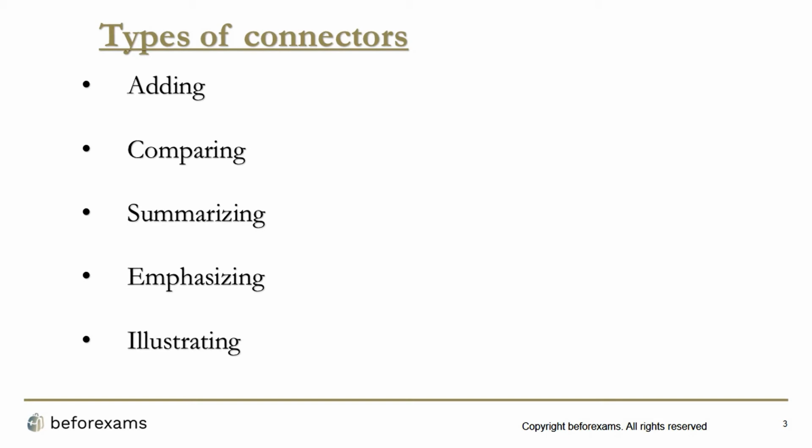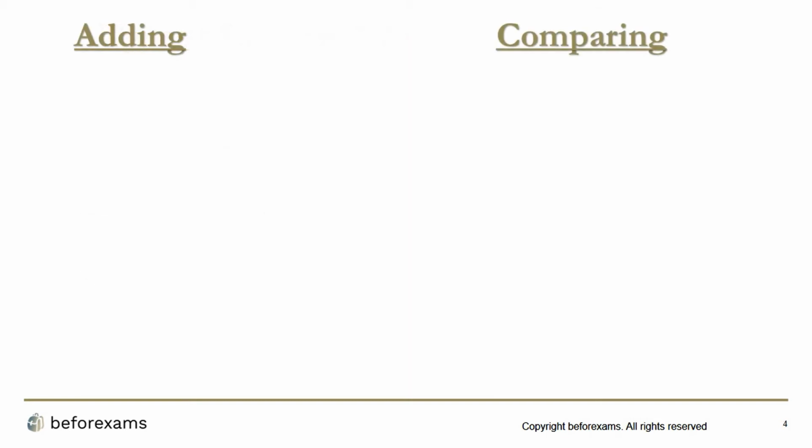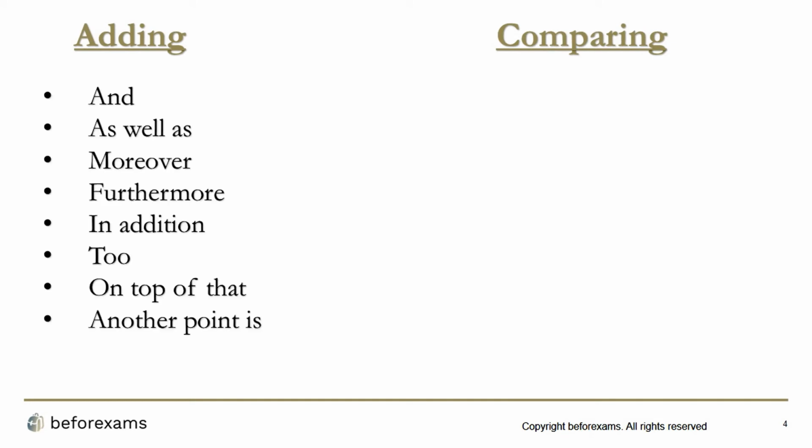Now as I told you in the beginning of this video, I'll be giving you a homework. These are some adding connectors, and you have to make at least 2 sentences using these adding connectors. Not only the adding connectors, I'm giving you a list of all other connectors.